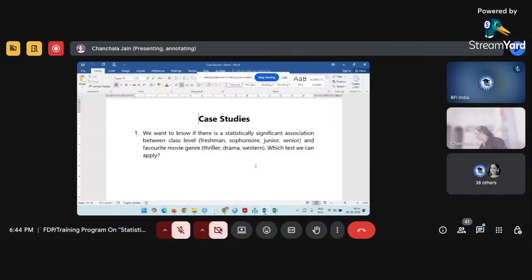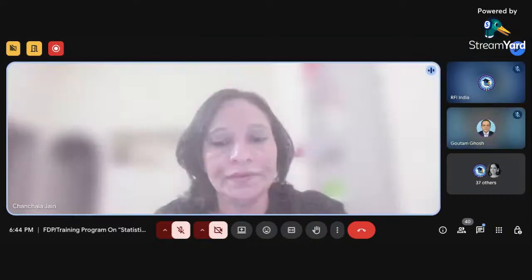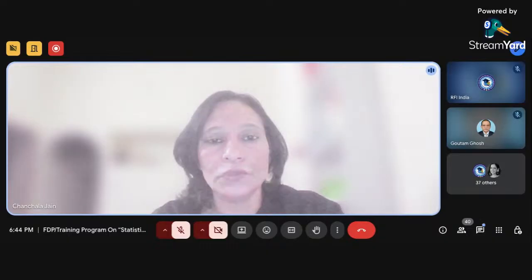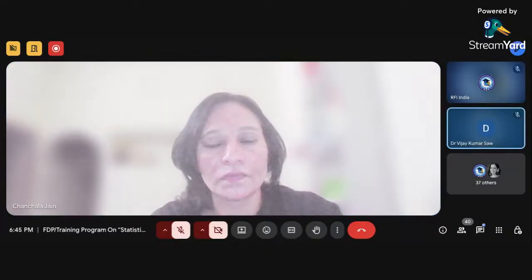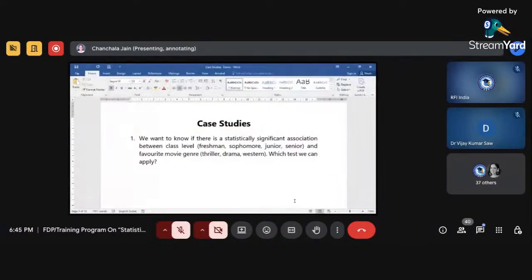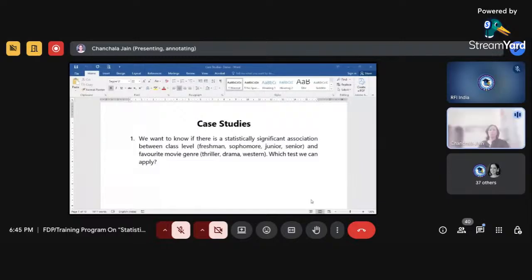Can this be a case of ANOVA? Gautam said ANOVA, fine. Anyone else? Just a minute, I will share only a window so that I can see you people also. Gautam sir is saying ANOVA.